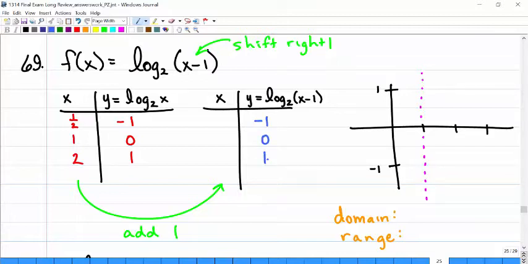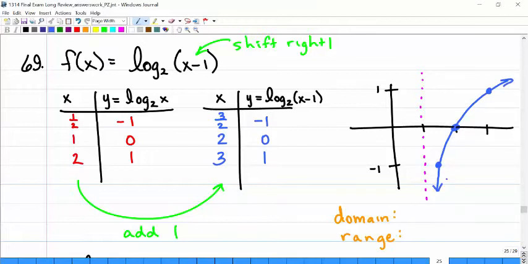But my x values, I need to add 1. 1/2 plus 1 is 3/2. 1 plus 1 is 2. 2 plus 1 is 3. So my 3 points that I'm going to graph are 3/2, -1; 2, 0; and 3, 1. Here's my graph.